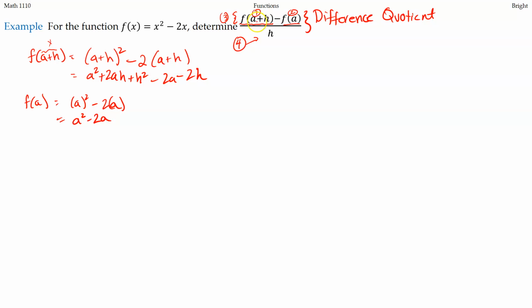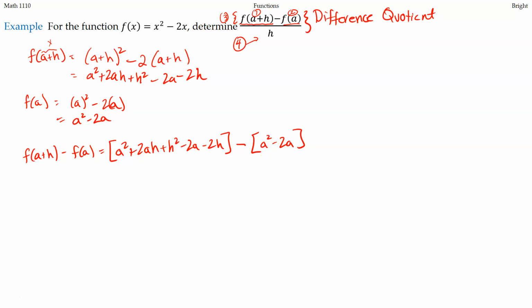All right. Now I'm going to do the subtraction. So I'm going to do f of a plus h minus f of a. And if it helps you, I always do brackets at the beginning so I can see what I'm substituting in. So this is going to be a plus h, or f of a plus h, that I found above, minus 2a minus 2h. Okay, and then I'm going to subtract the f of a, which was a squared minus 2a.